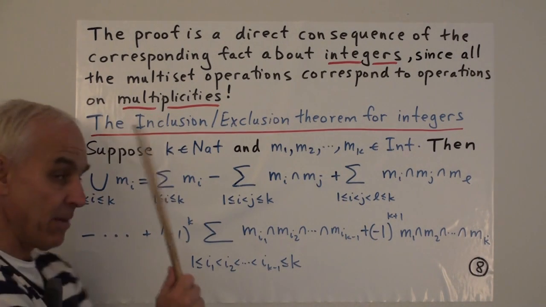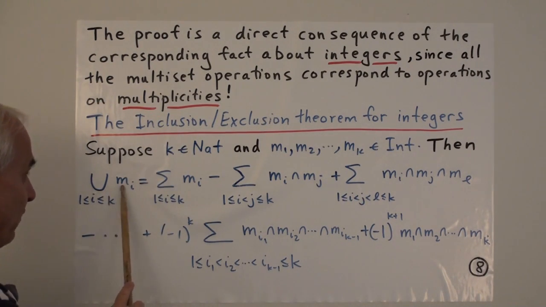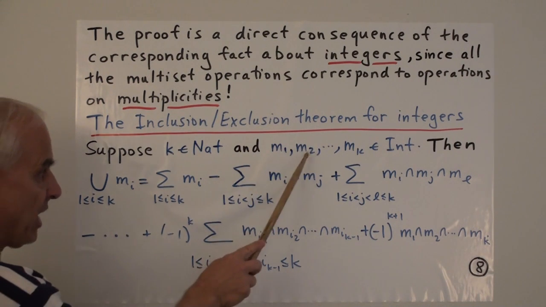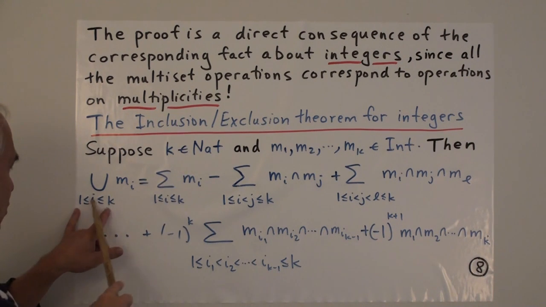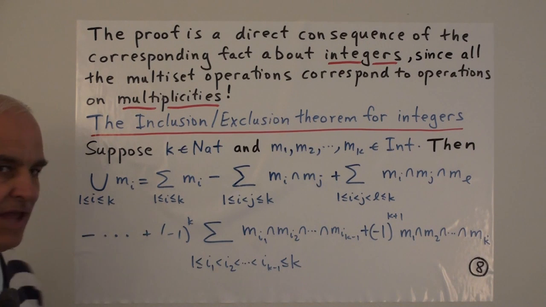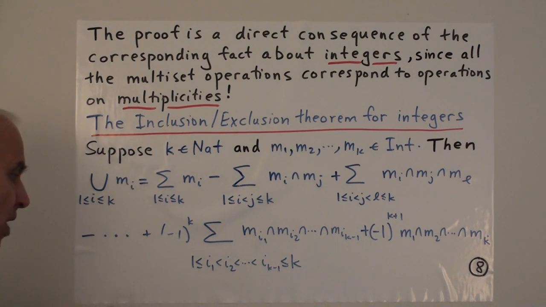So the statement is then that the union of these mi's, so m1 union m2 all the way up to union mk, is represented by this expression. So there's a union sign, and underneath there's the expression 1 less than or equal to i less than or equal to k. So k is fixed, so i is running from 1 through k, and we're taking the union of the mi. That's the way of writing m1 union m2 union dot dot dot union mk.